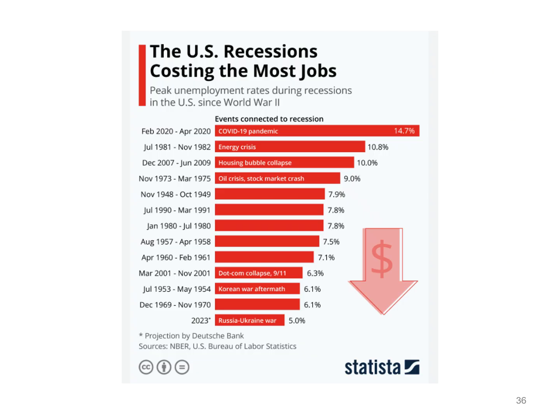Economics is a social science. The previous slide provided information on the duration of economic recessions and the percentage decline in aggregate output, but what about the human factor? This chart provides information on unemployment rates during economic downturns.